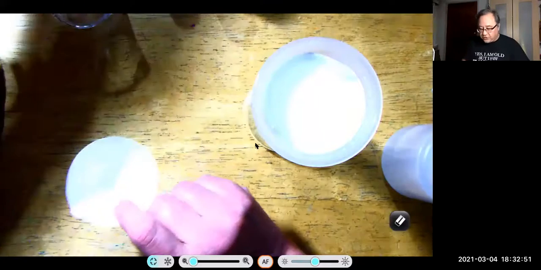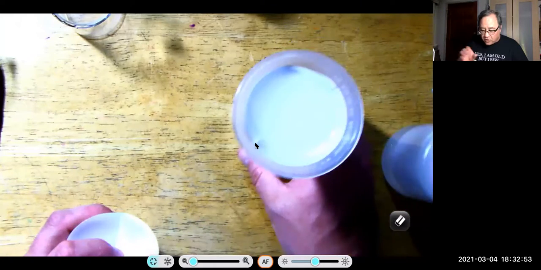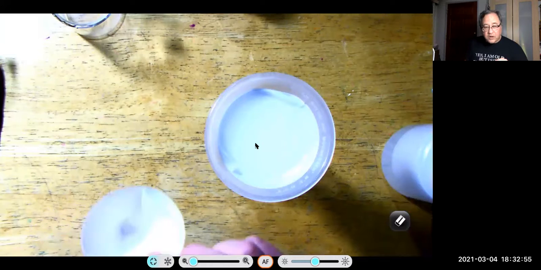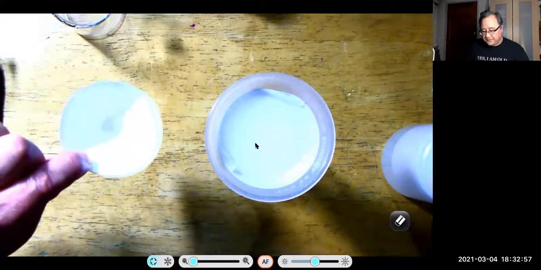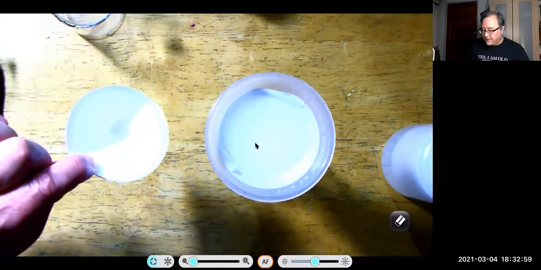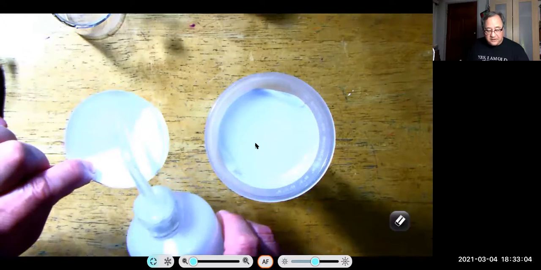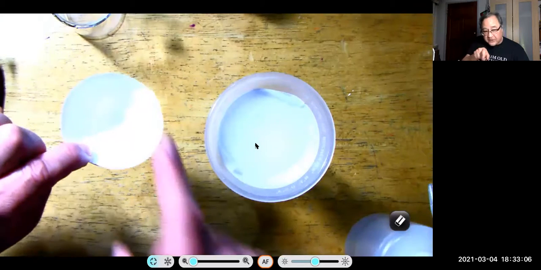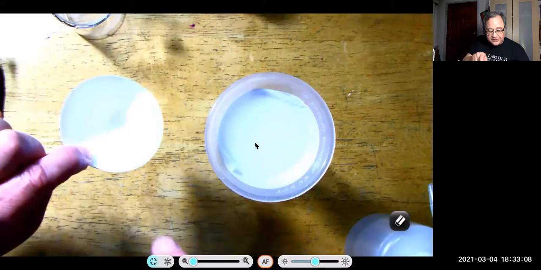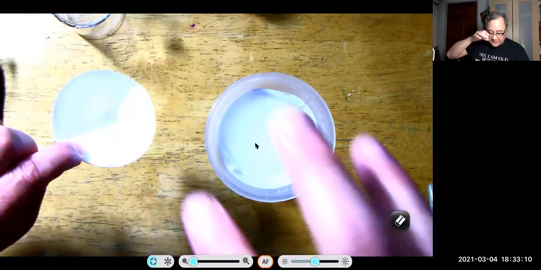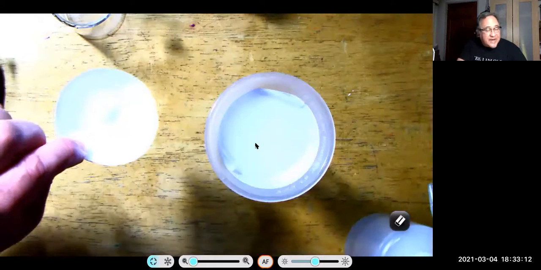So what do you do when this has filtered all the way through? You want to rinse your filter paper with water. You basically want to start at the top edge and work down all around the edge, squirting the edges so that all of the liquid rinses down the filter paper.